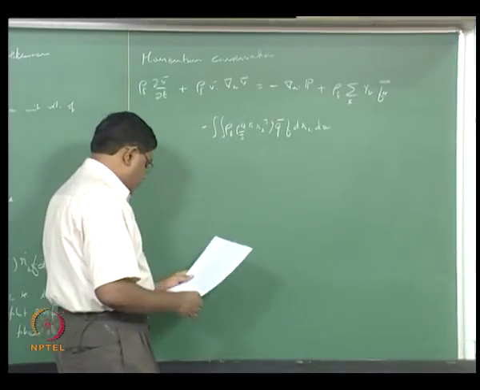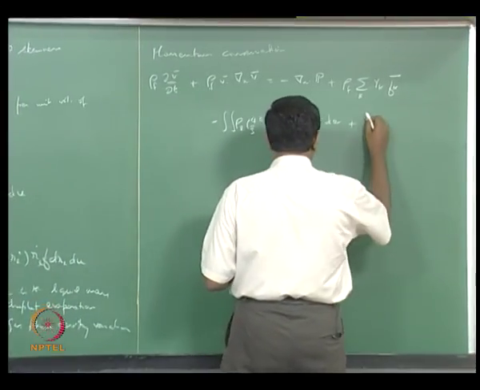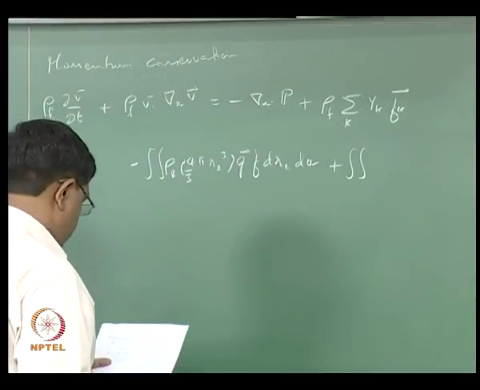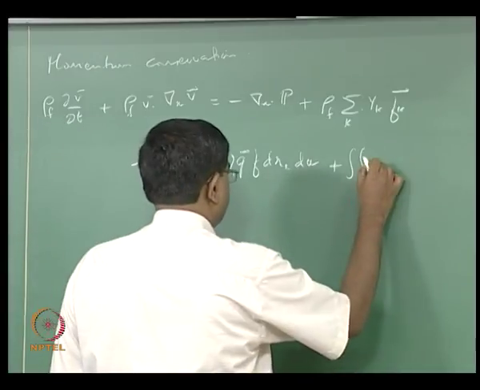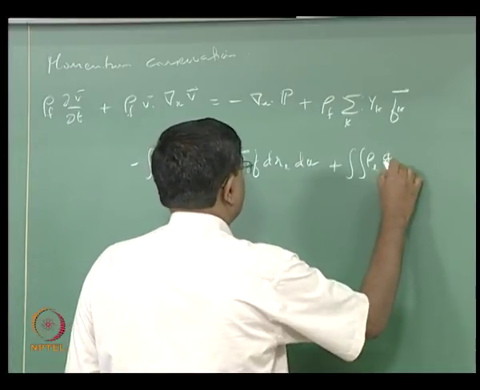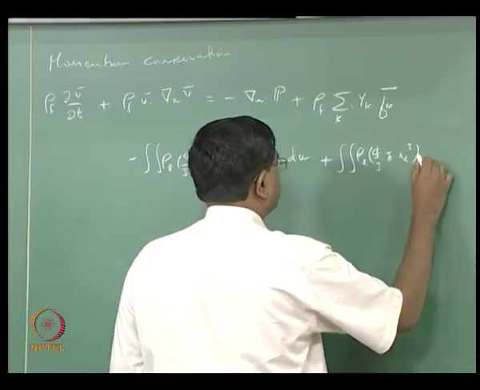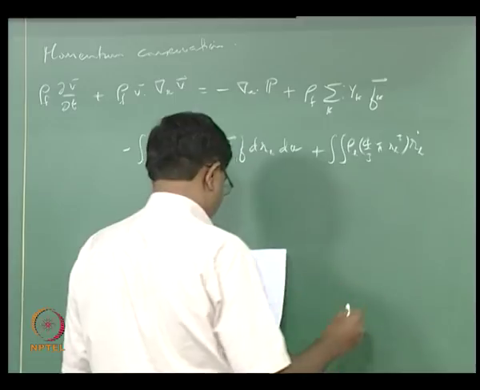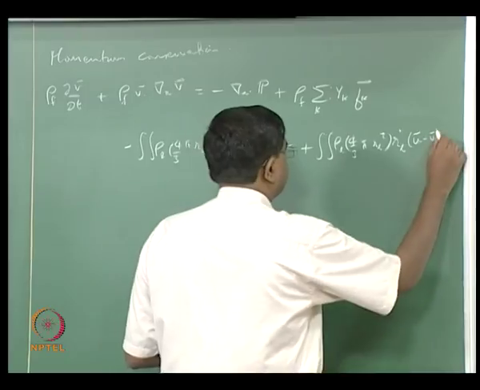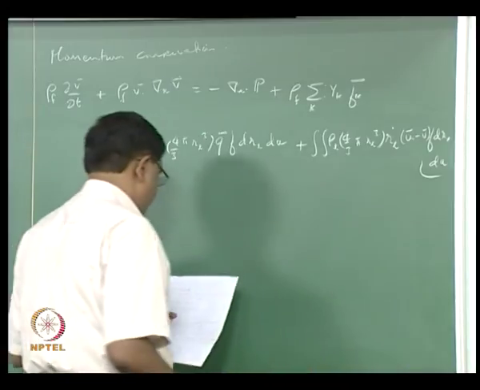We will talk about that, plus the thing that I was just mentioning, which is the momentum imparted due to droplet evaporation. So that comes from rho L 4 by 3 pi RL cubed RL dot U minus V F DRL du, right.